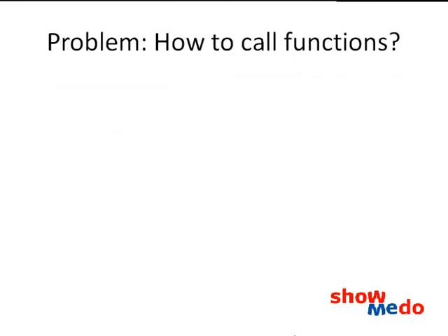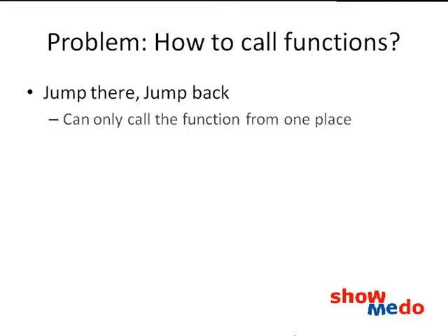Moving on to the main topic of this video, the question is, how can we call a function? One possible option is to simply jump to the function, and to return, just jump back. The big problem is that then the function always jumps back to the same place, so it can only be called in one place. That defeats the purpose of having a function in the first place.